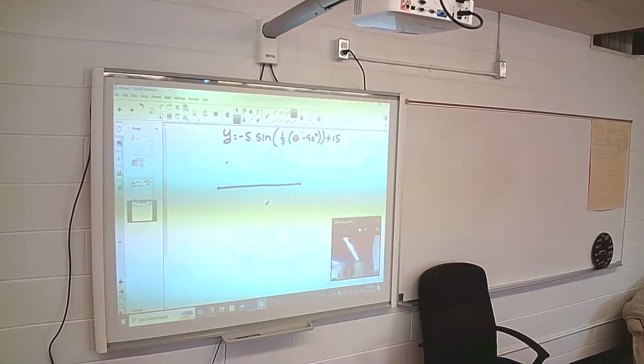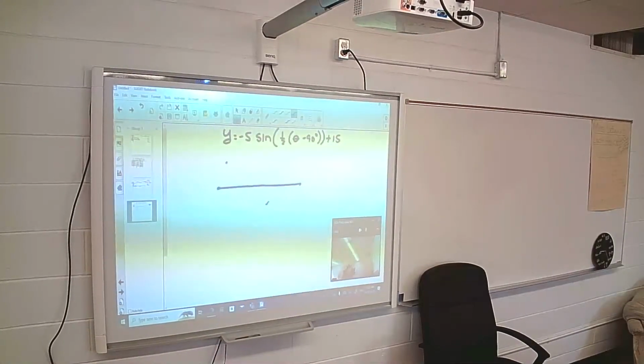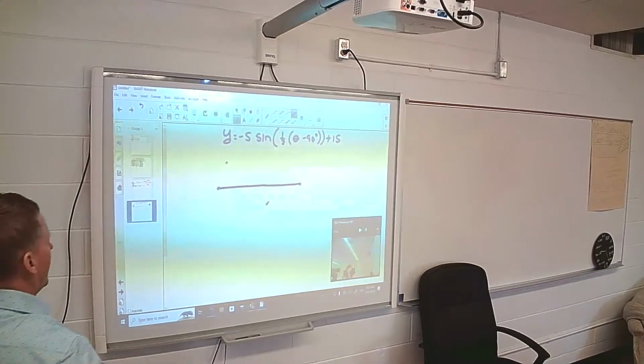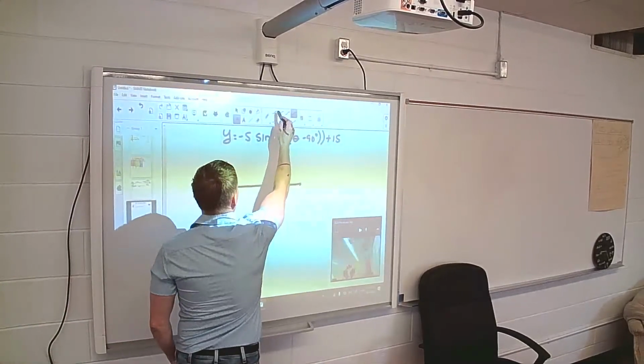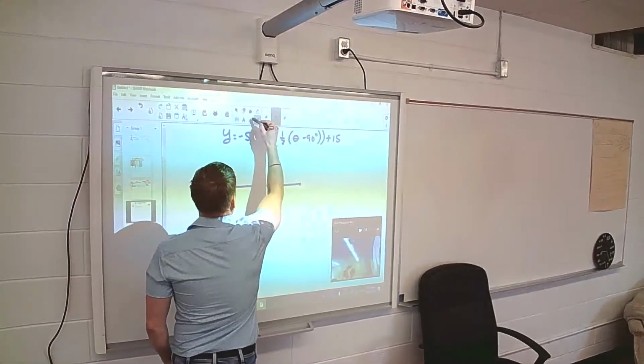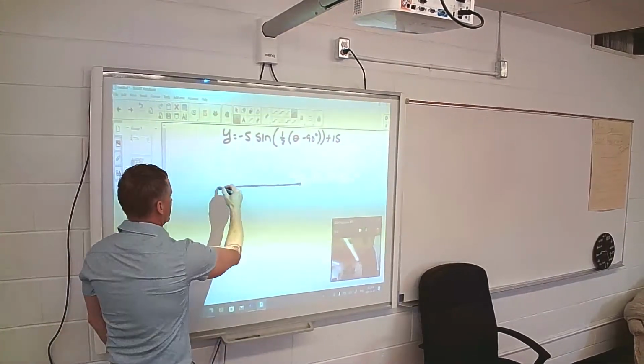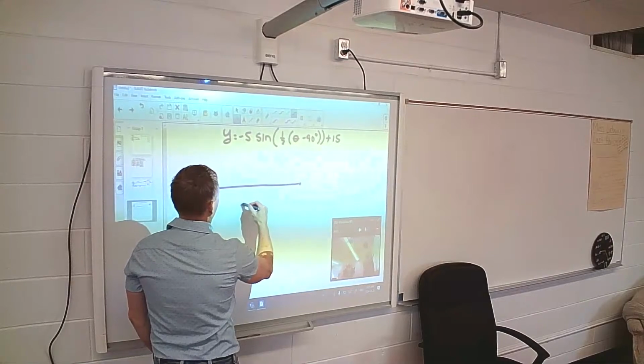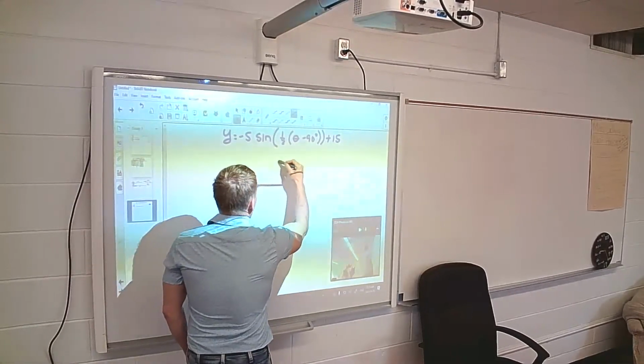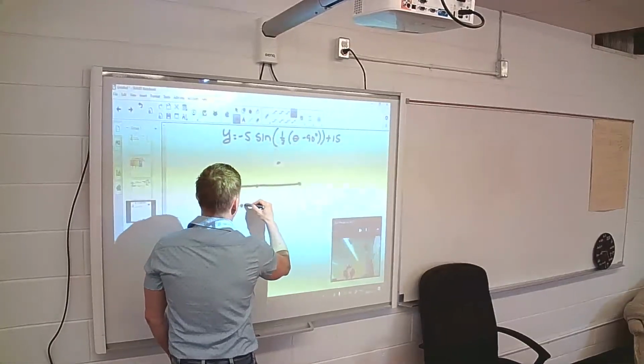Now, there is an issue with this one because A has a negative value to it. So rather than it going up to your next point, all right, because A is negative, I actually draw it this way. Like this.